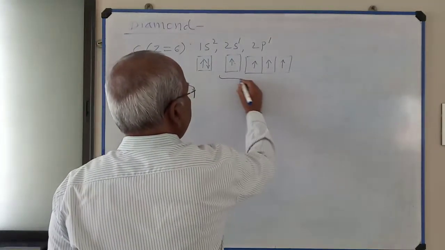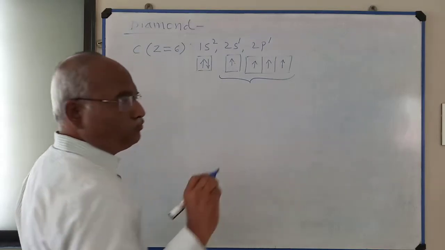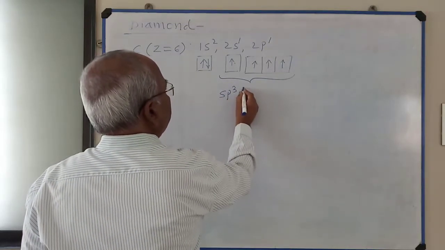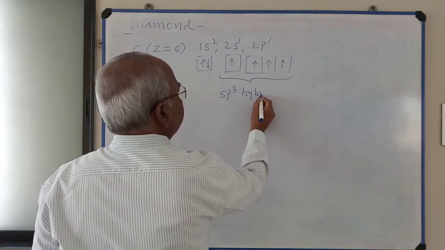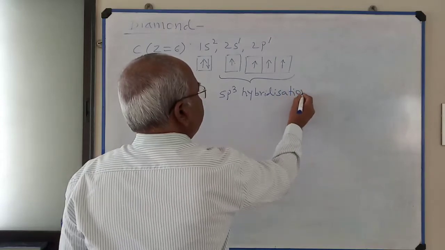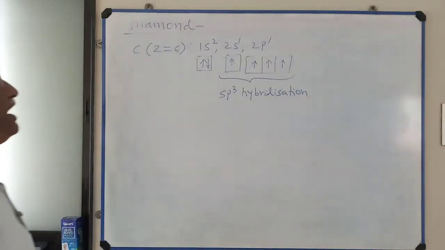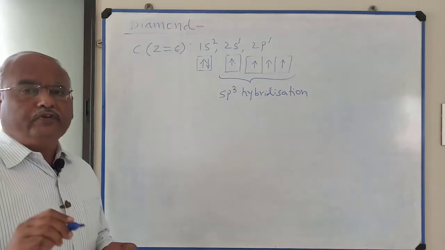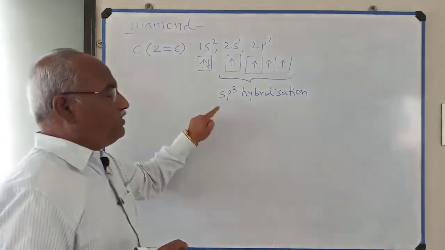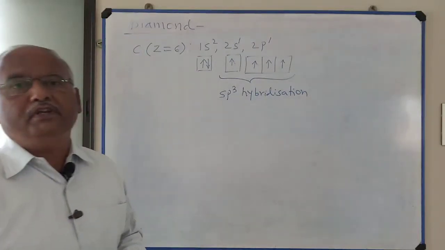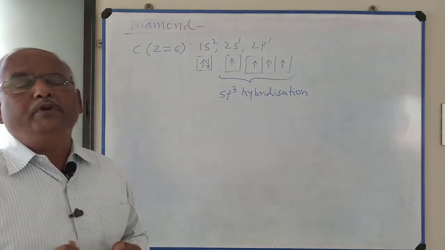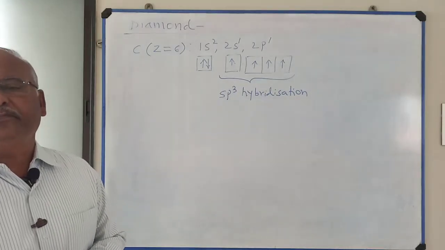These orbitals mix together and undergo sp3 hybridization. In diamond, carbon atom undergoes sp3 hybridization. Each sp3 hybrid orbital overlaps with a hybrid orbital of another carbon atom.